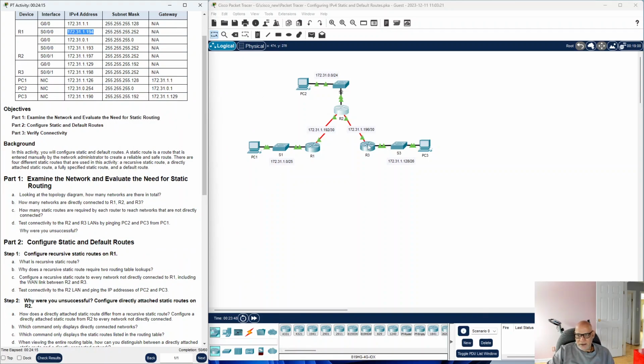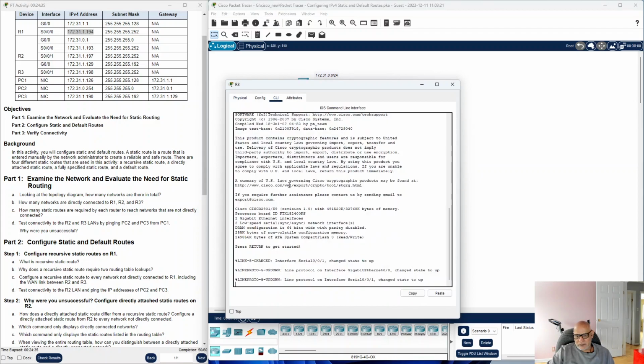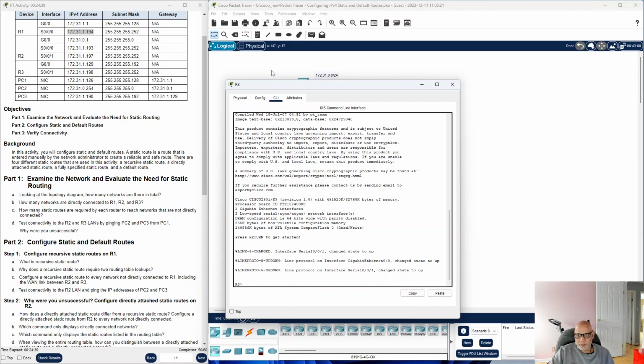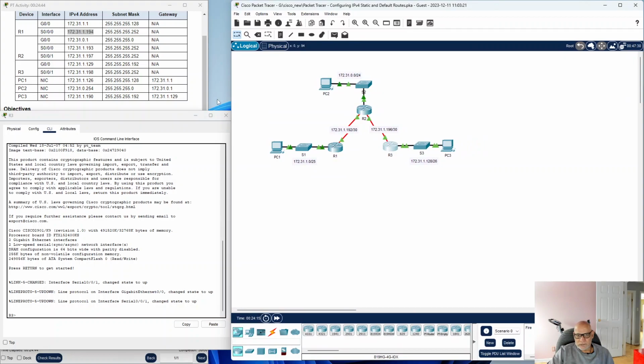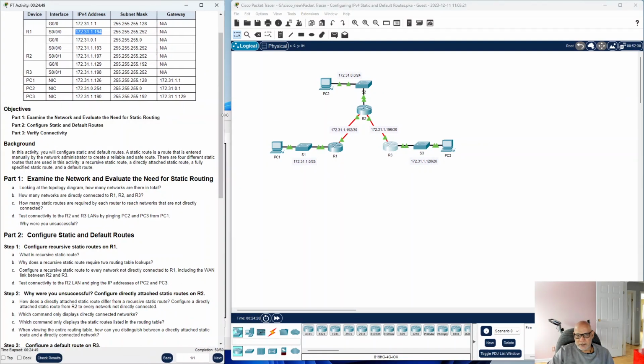Now we go to R3. R3 is also not connected to three networks: 1.0, 1.92, and 31.1.0. These are the three networks. So we go to R3, click on CLI. We will go to global configuration mode.